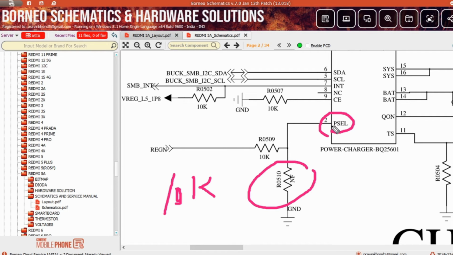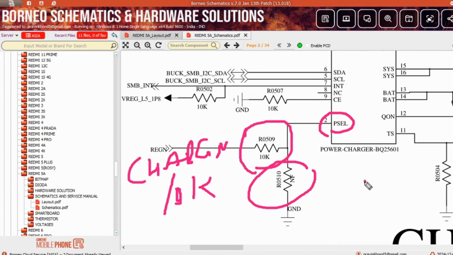Clear? If this line breaks, suppose this 10K resistance is open or missing or broken, then your phone charges in normal mode, consuming 0.6 ampere, a half ampere. Clear?